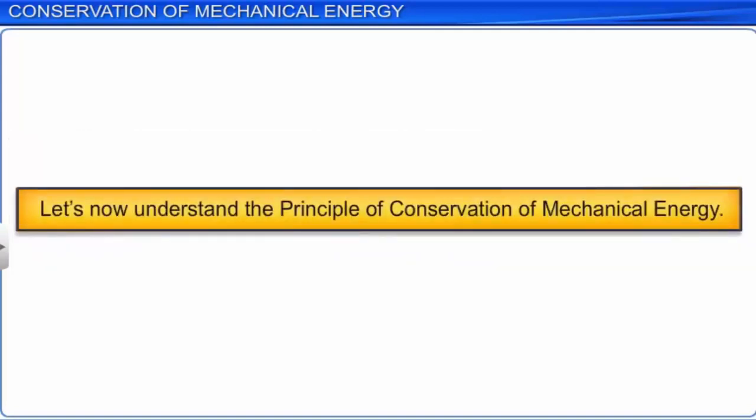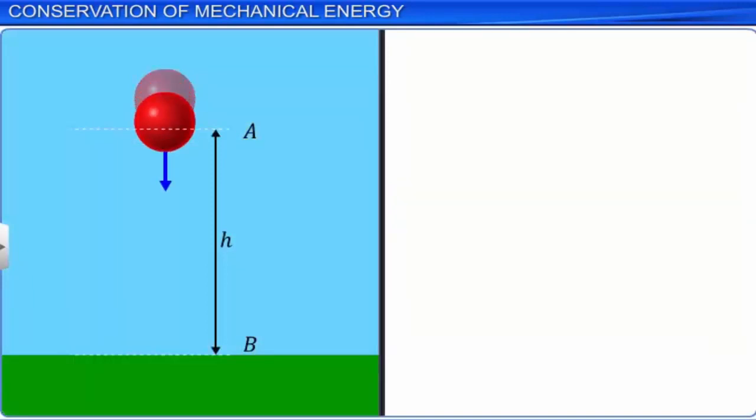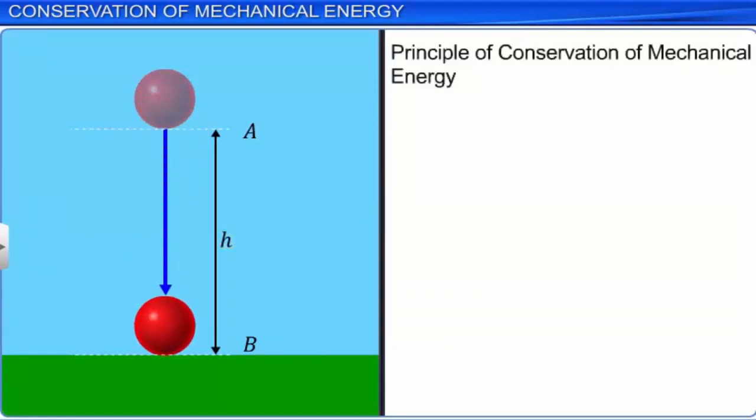Let's now understand the principle of conservation of mechanical energy. Consider any 2 points A and B in the path of a body falling freely from a certain height h. According to the principle of conservation of mechanical energy, we can say that for points A and B, the total mechanical energy is constant in the path travelled by a body under the action of a conservative force.